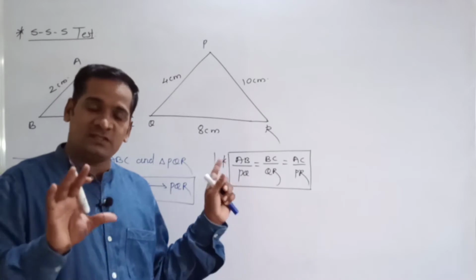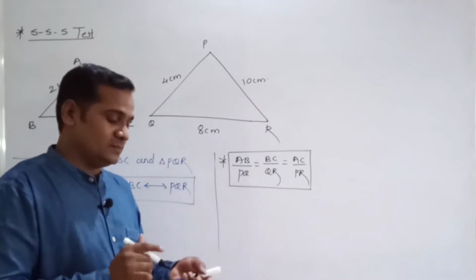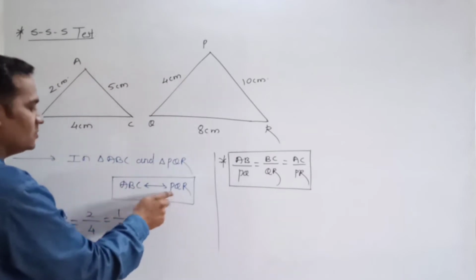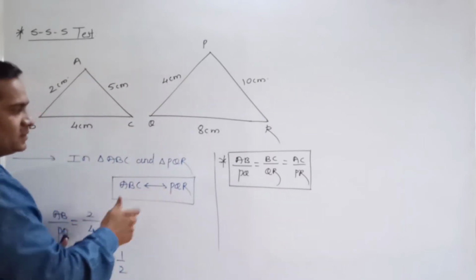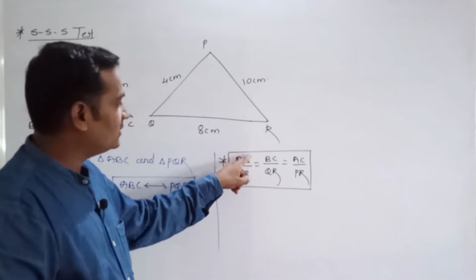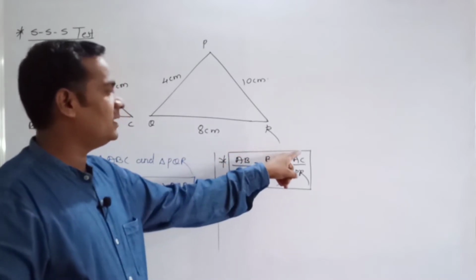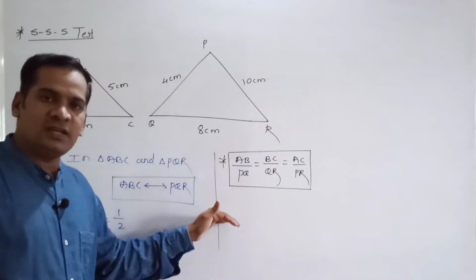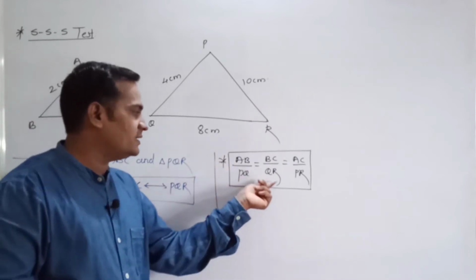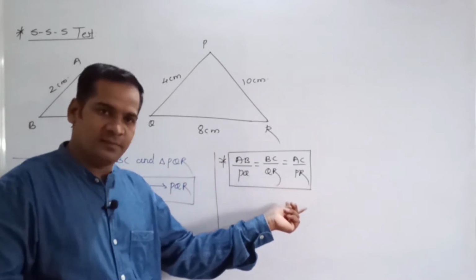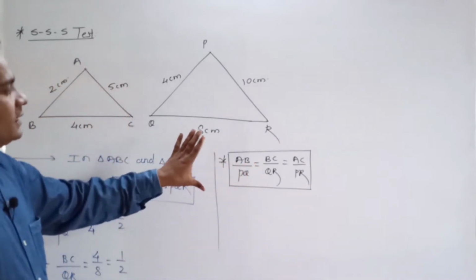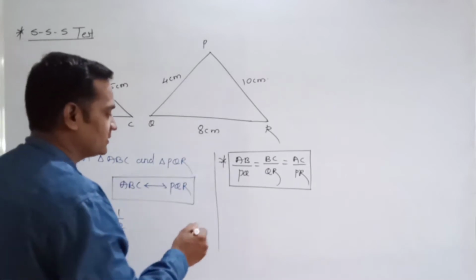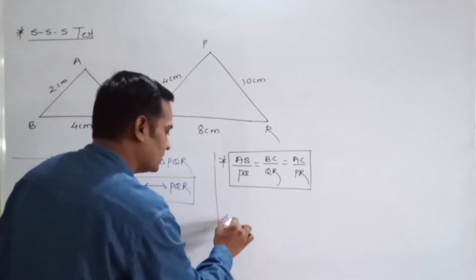Now, if in a one-to-one correspondence between the vertices of two triangles, the three sides of the first triangle, AB, BC and AC, are in proportion with the corresponding sides of the second triangle, then such triangles are similar by the side test.